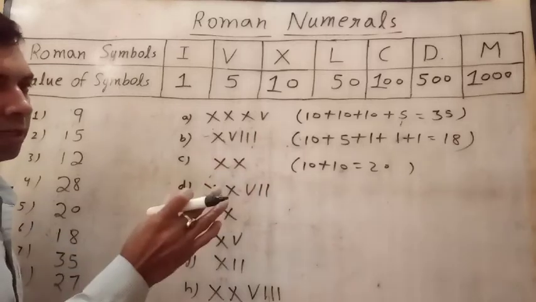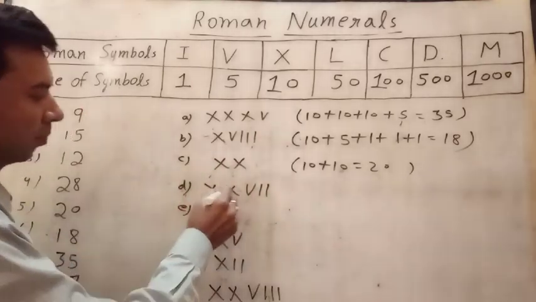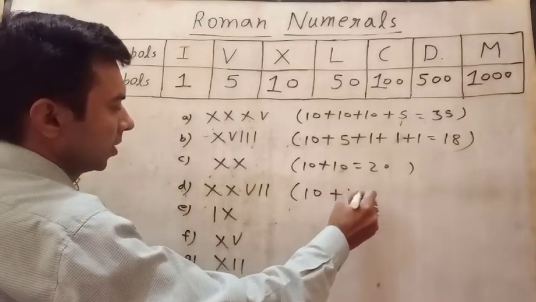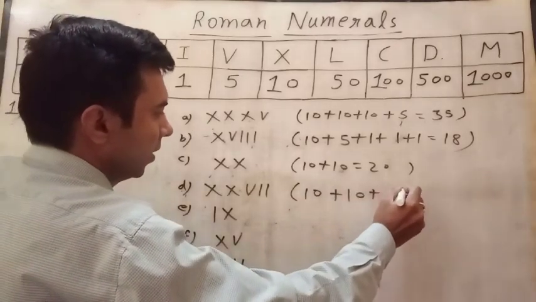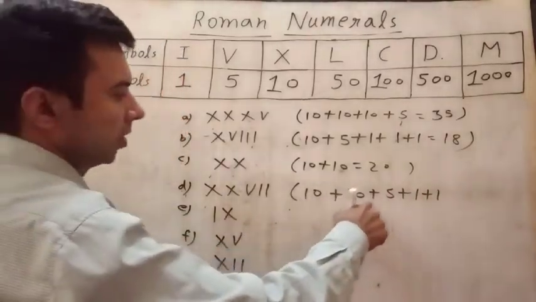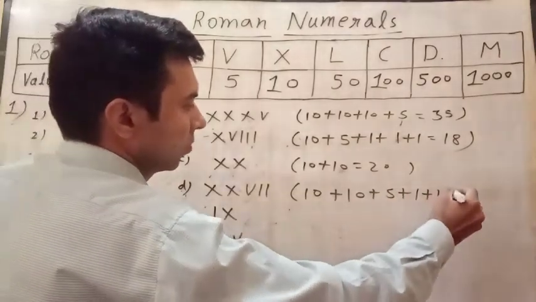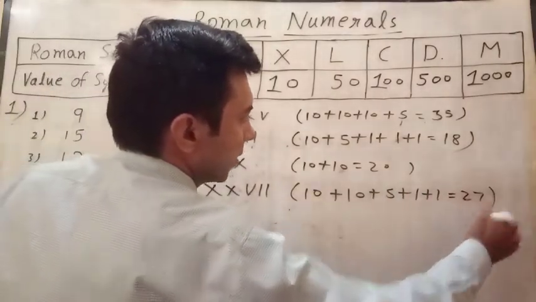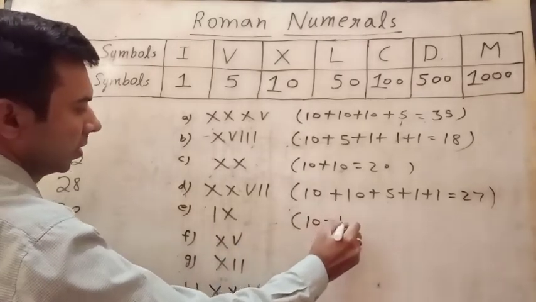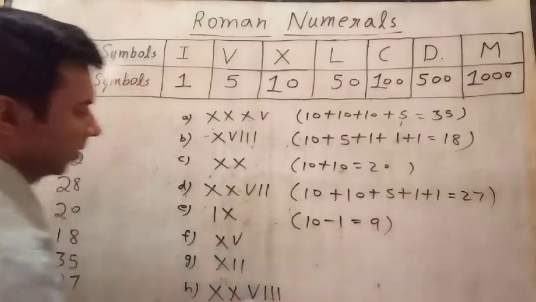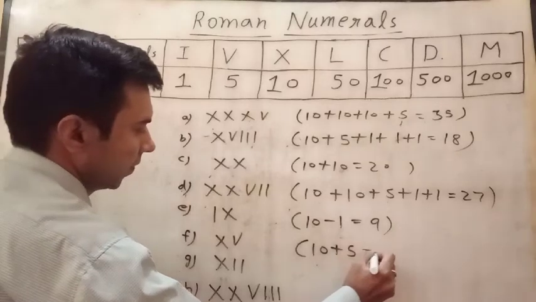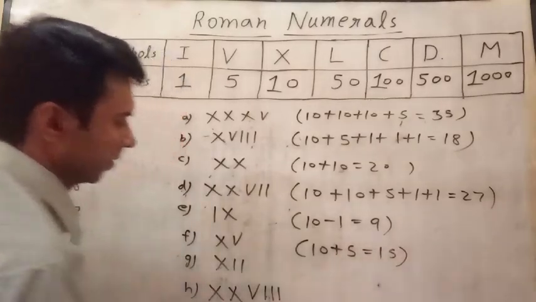And you can do directly also. 10 plus 10 plus 5, 10 plus 10, 20, 25, 26 plus 1, 27. 10 minus 1, 9. 10 plus 5, 15.